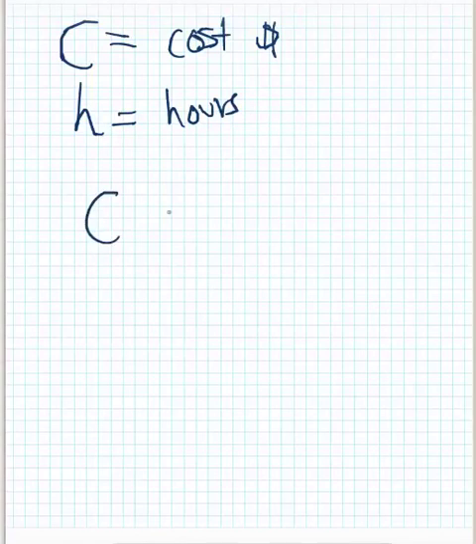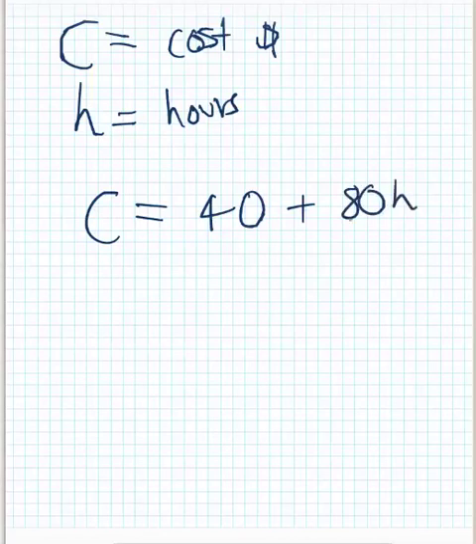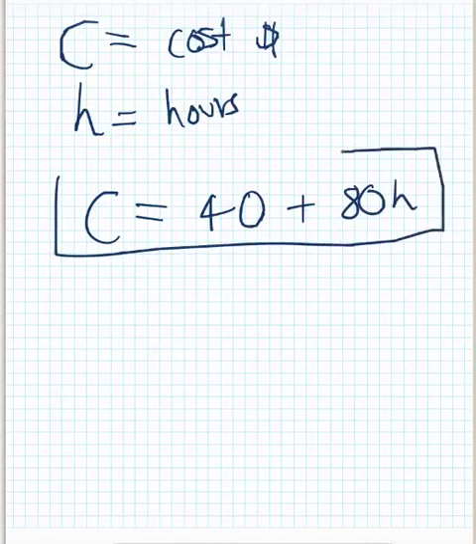So the total cost is equal to, now the $40 call out fee, we pay it once. So we're going to pay the $40 first plus $80 per hour. So we'd have $80 times every hour. And that would be your equation. Okay? $40 you have to pay no matter what, plus $80 per hour.